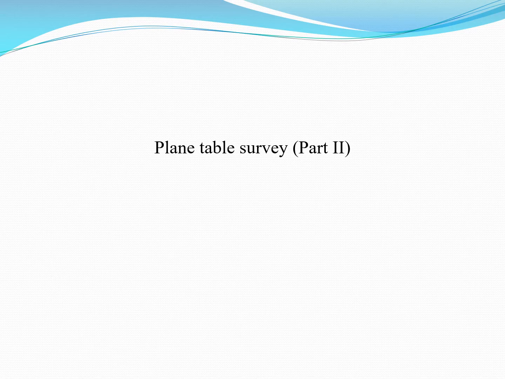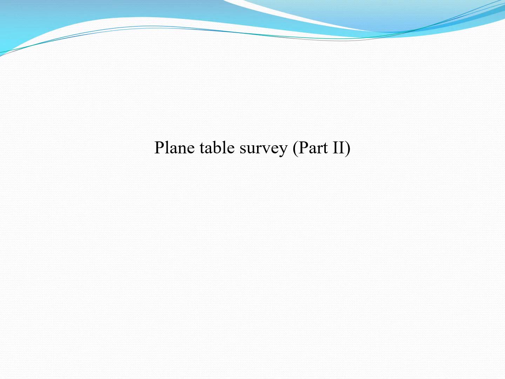In the last lecture, we discussed part 1 of plane table surveying. In that, we saw the introduction of plane table surveying, its principles, and the various accessories used for plane table surveying.